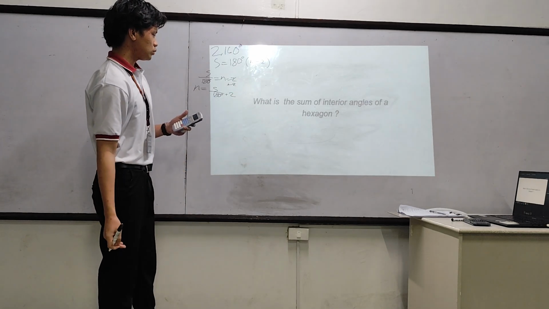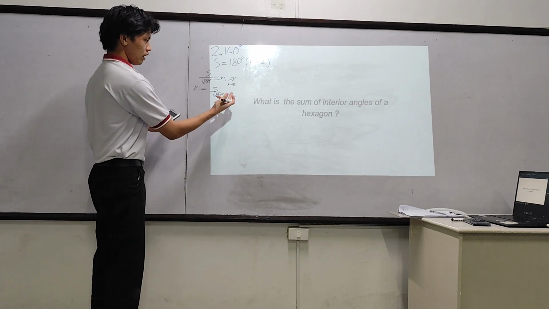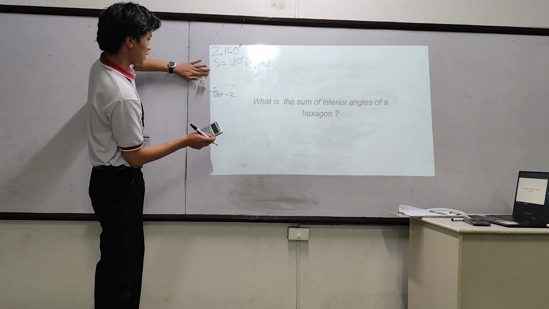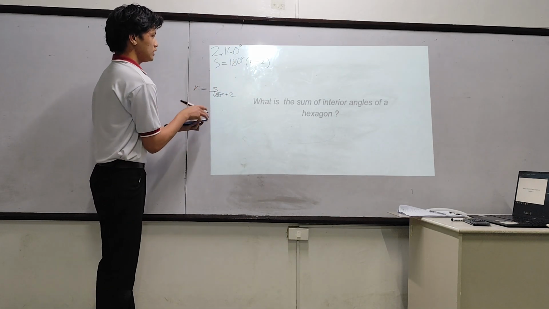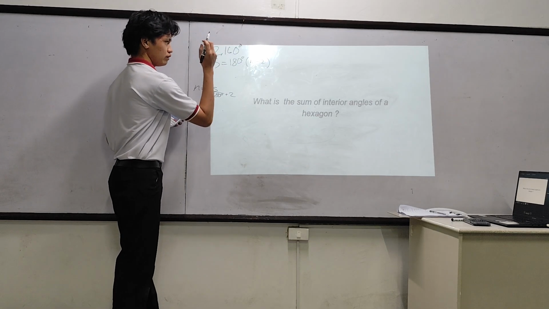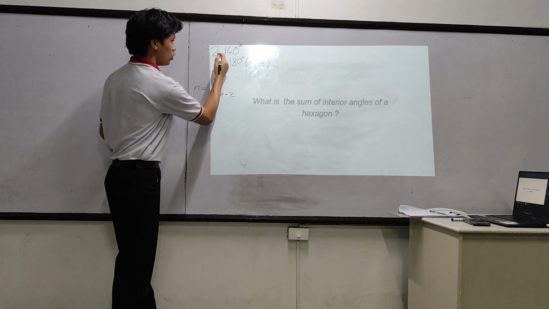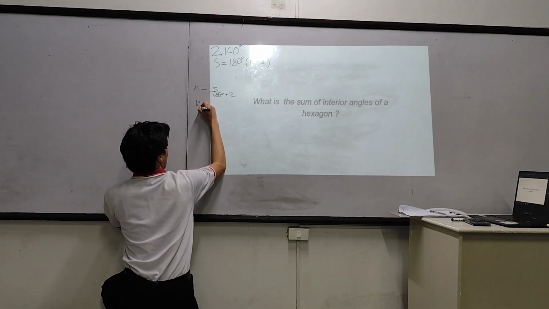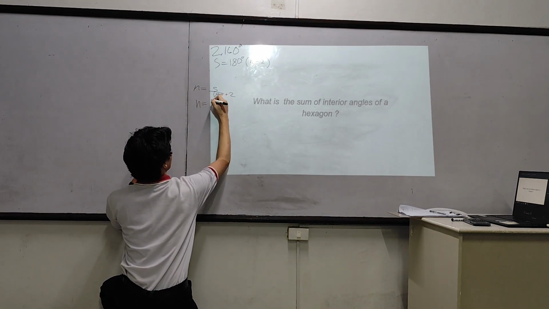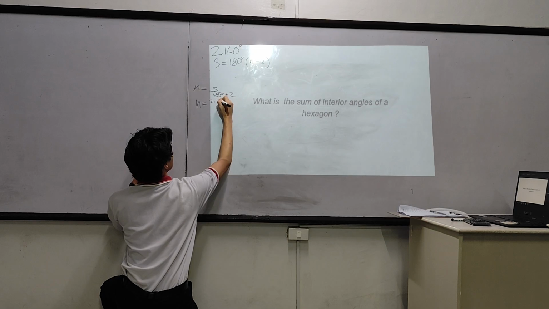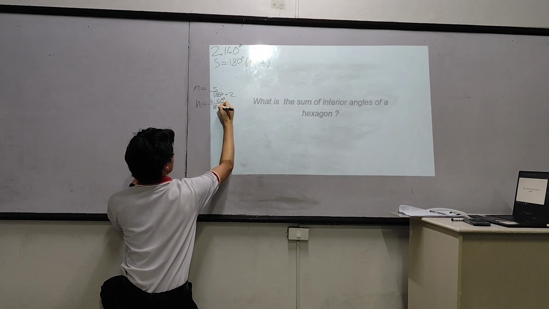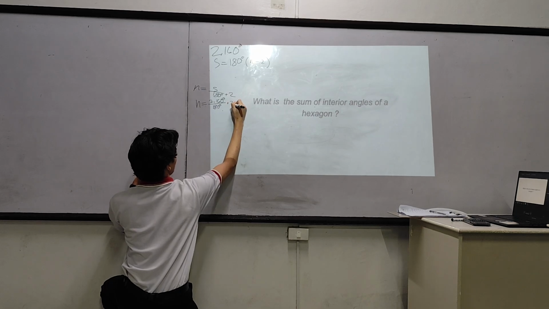Since we have our equation now, we can plug our angle into that, so 2,160 degrees. So n is equal to 2,160 degrees all over 180 degrees plus 2.